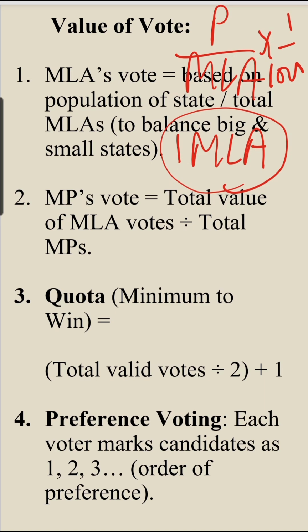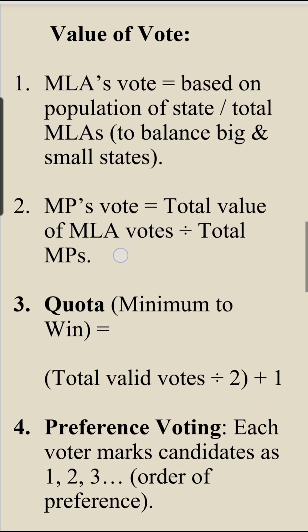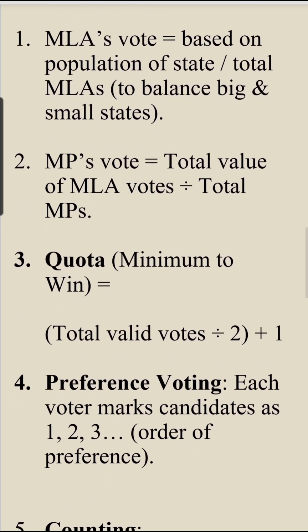Now we can find the value of the votes of all MLAs, and then the value of the votes of all MLAs is divided by the total elected MPs. Then we will get the value of the vote of one MP. Now we have the value of one MP's vote, we can find out the value of the votes of all MPs.